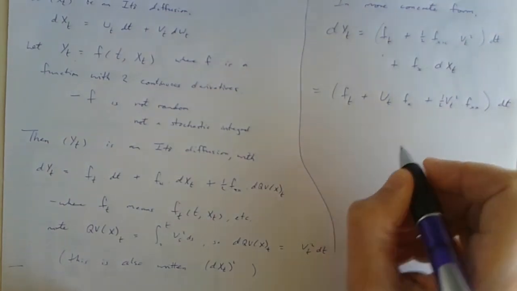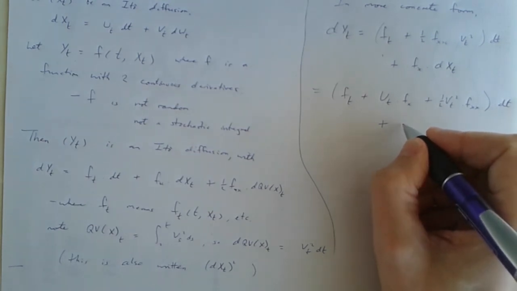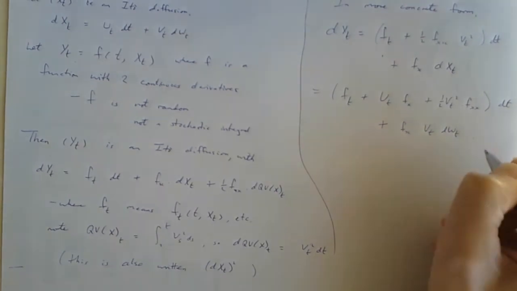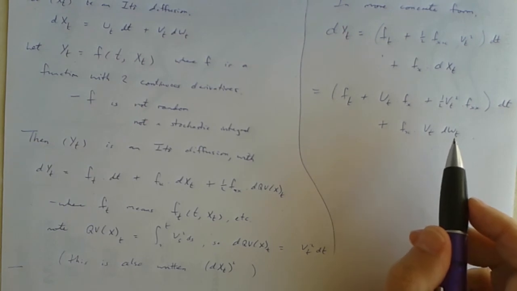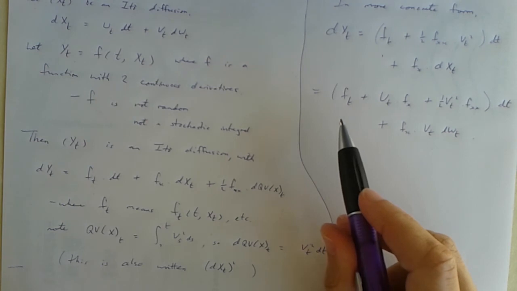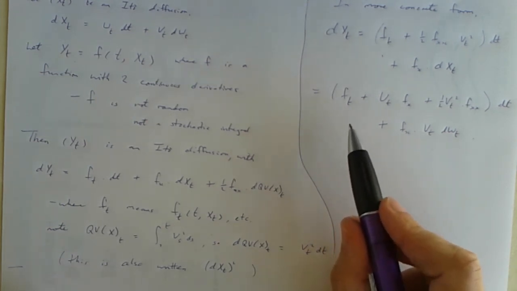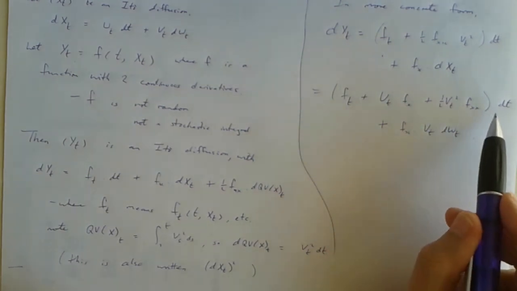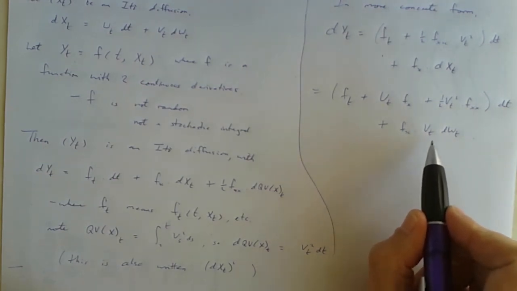That's all the dt stuff brought together, and what's left over is that. And this is taking care of the random stuff now with a Brownian motion. So that this now completely expresses the drift and speed of y in terms of the drift and speed of x. And this whole term is now the drift of y. It's everything that came before the dt. And this term that remains is the speed of y.